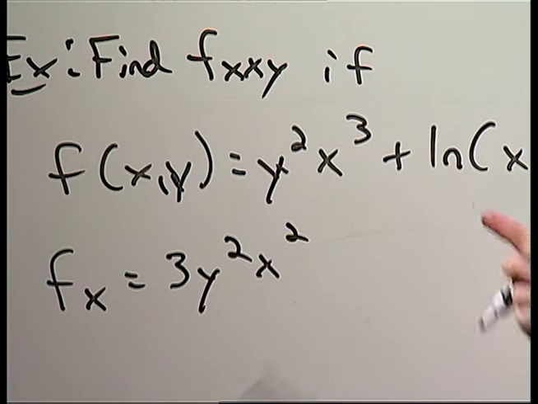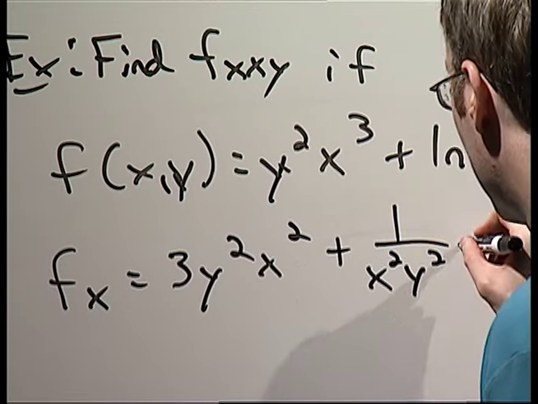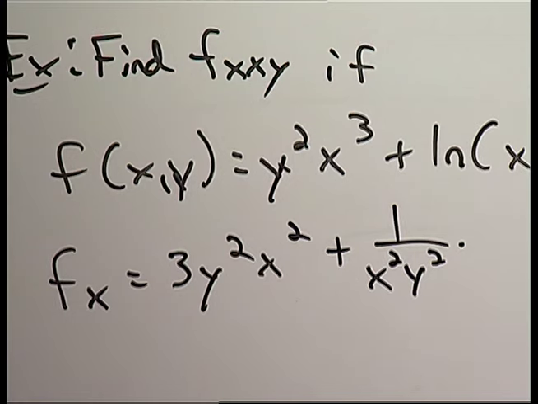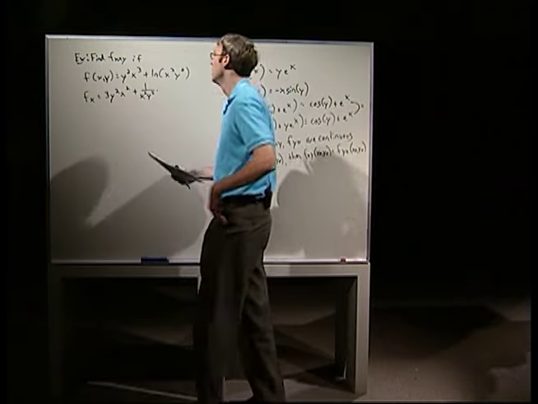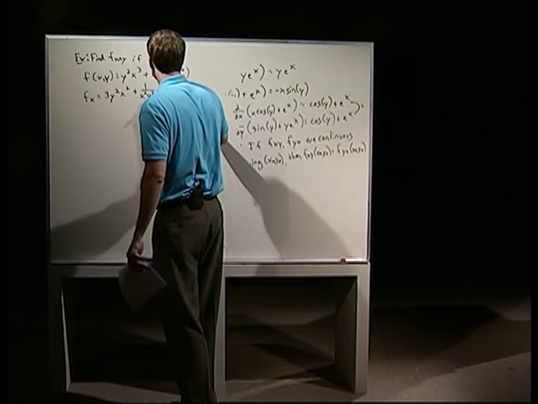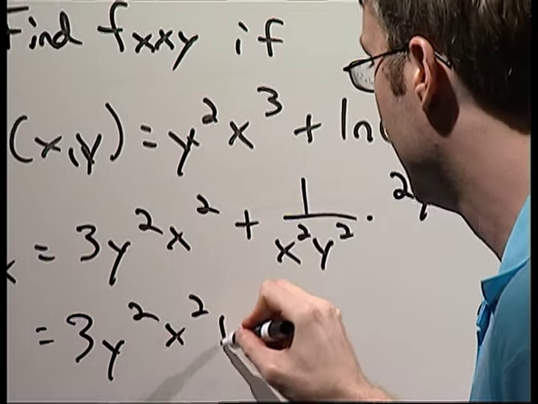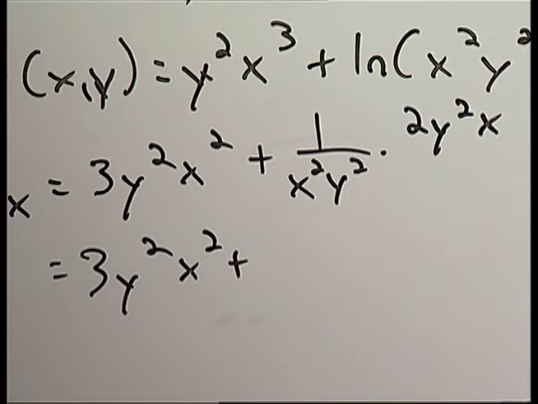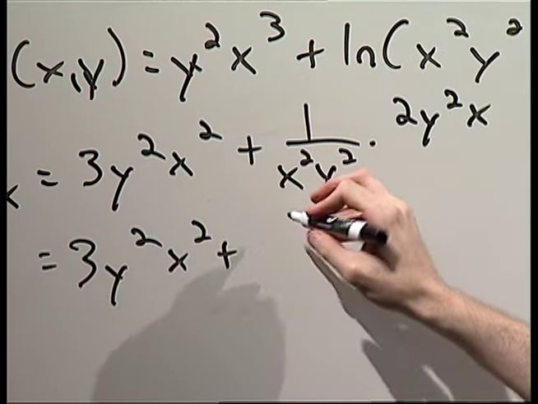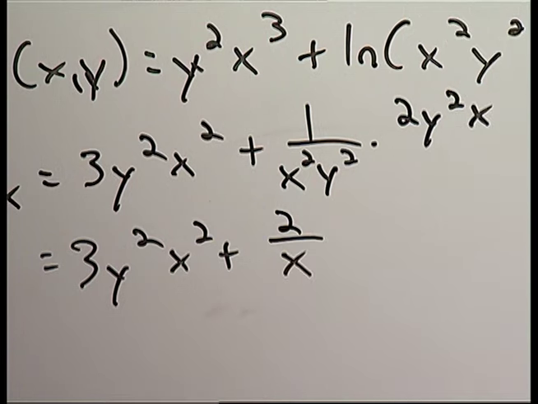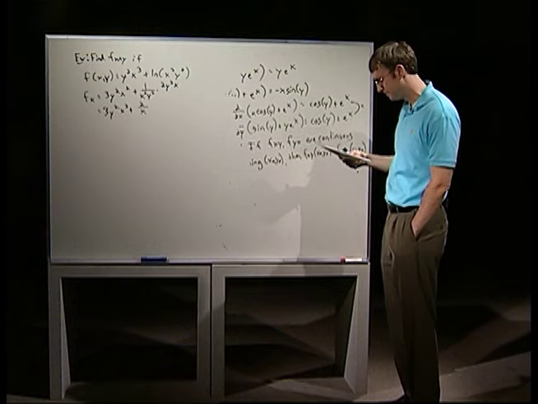Over here we need the chain rule. I've got 1 over x squared y squared, and internally the derivative with respect to x is 2y squared x. That makes something a little neater. The y squareds will cancel, because this is a domain restriction anyway; you can't have 0 inside the log. And an x cancels, so we're left with just 2 over x. That is f sub x.